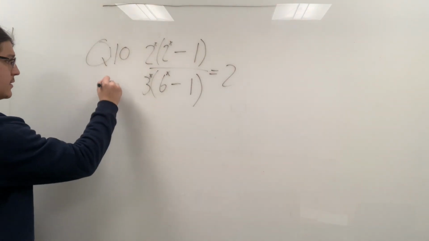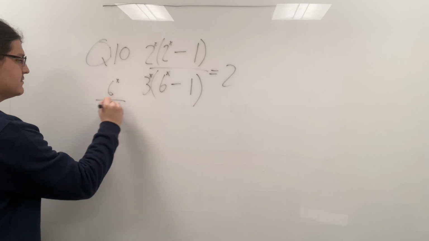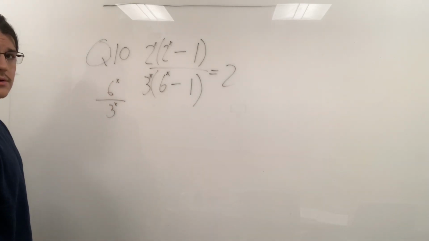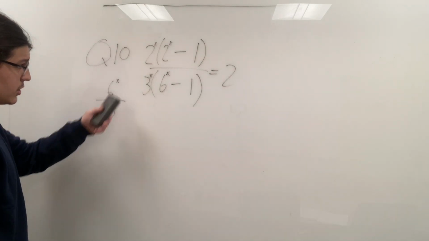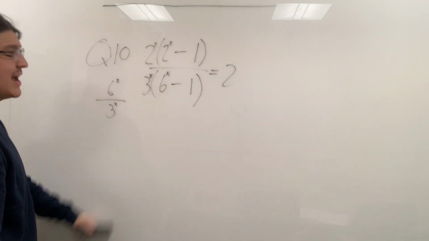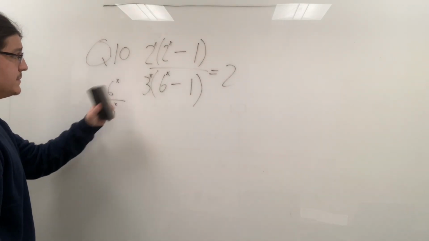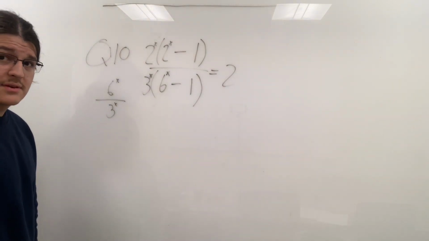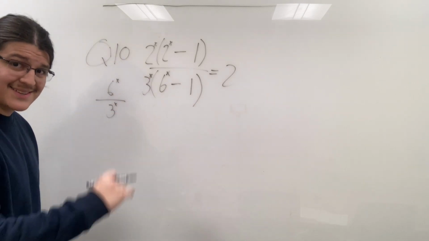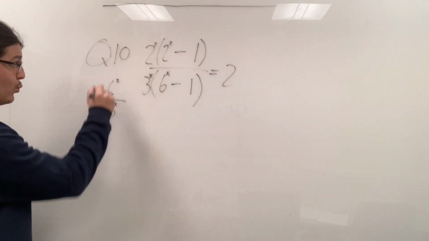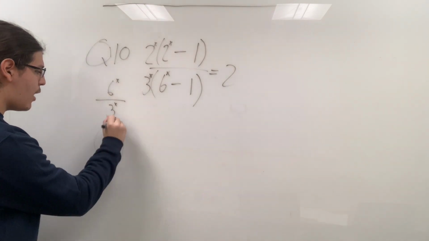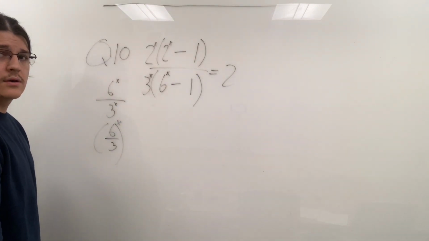Let's write it over here. 6 to the x divided by 3 to the x. Is this possible? Can we divide 2 numbers being raised to the x power without having to do any manipulation? Yes, we can. We did it a couple questions ago. We rewrote this as 6 over 3 to the power of x.